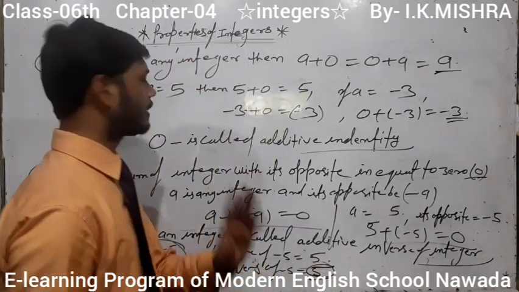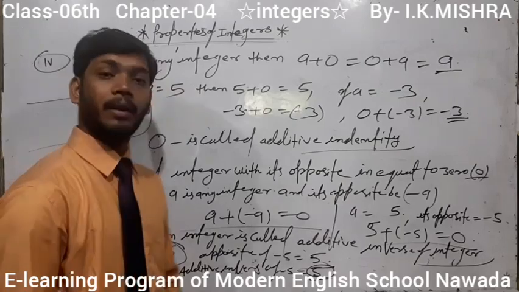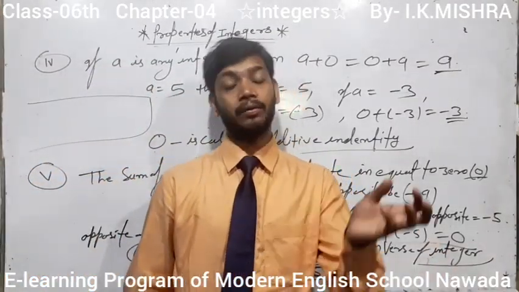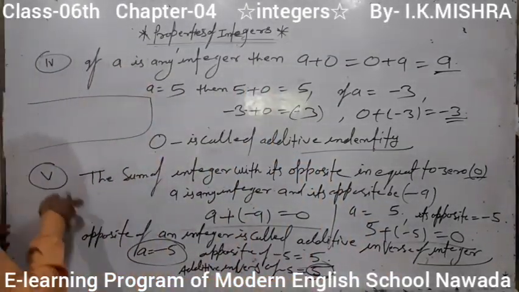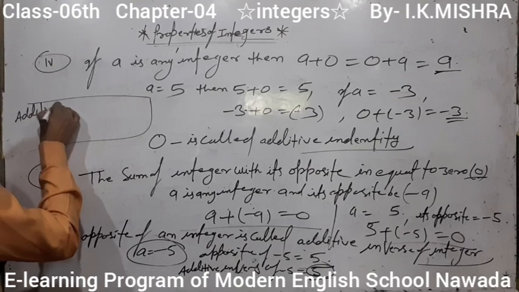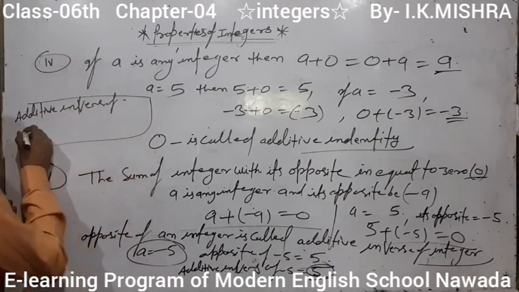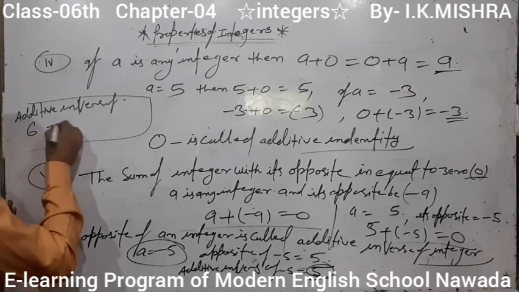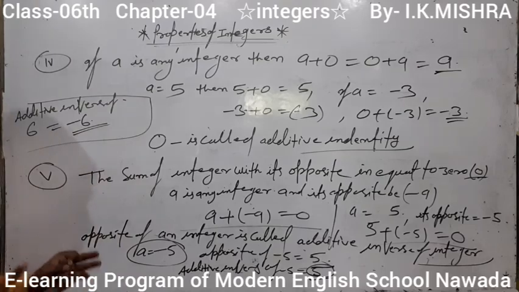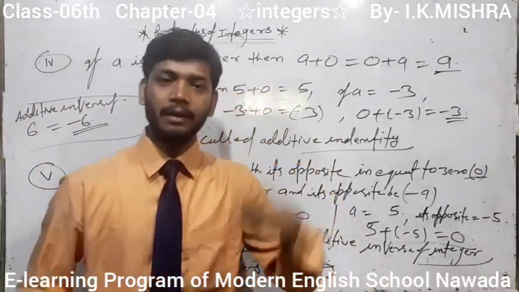Students, always take care, the additive inverse has the opposite sign of that integer. Suppose we have to write the additive inverse of 6, it is equal to minus 6. That means only changing the sign of the integer gives the additive inverse.